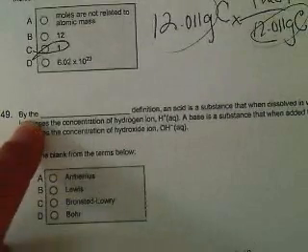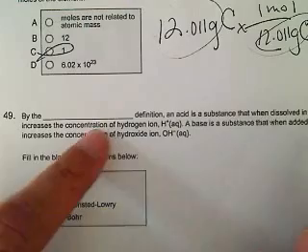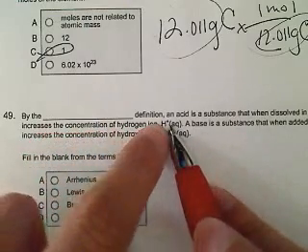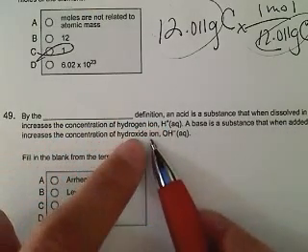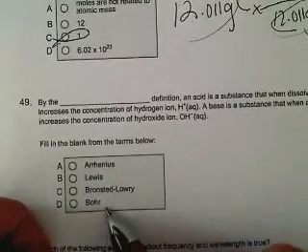All right, 49. It says, by the blank definition, an acid is a substance that when dissolved in water increases the concentration of H+, right? A base is a substance that when added to water increases the OH-, okay? Here's the key. They give you Arrhenius, Lewis, Bronsted, and Bohr.